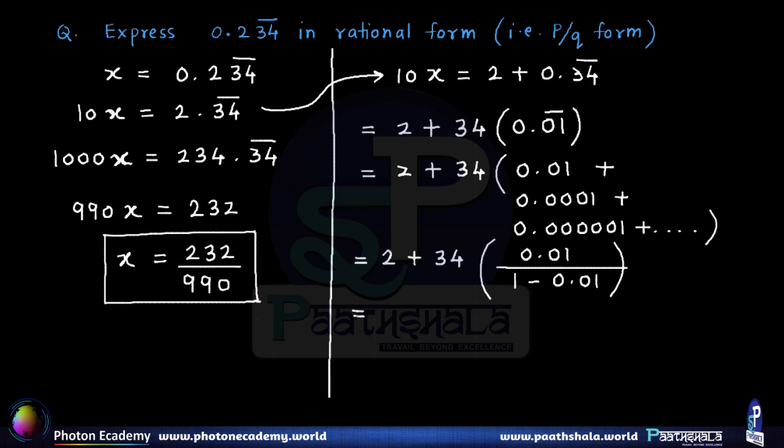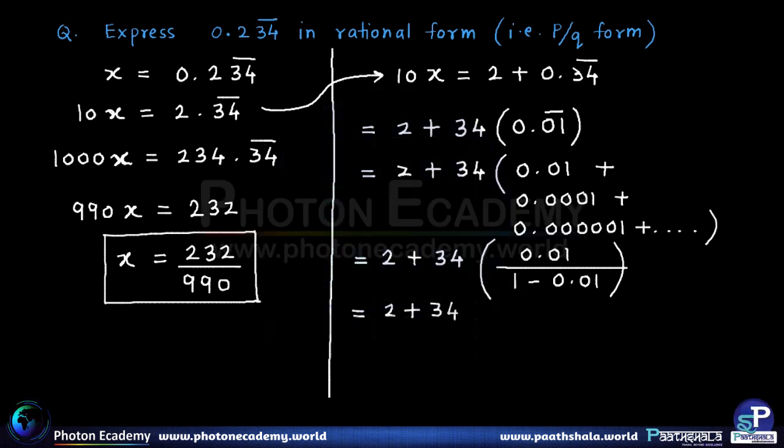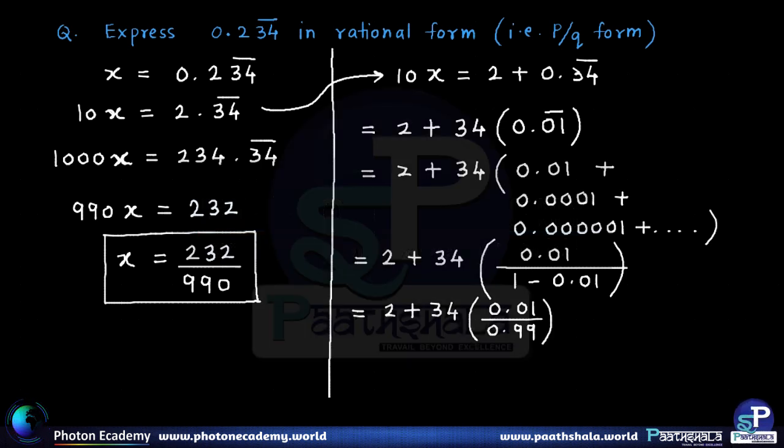So that in turn gives us 2 plus 34 into 0.01 whole upon 0.99. So 0.01 upon 0.99 is nothing but 1 upon 99, so writing that simply, here we have 34 upon 99.